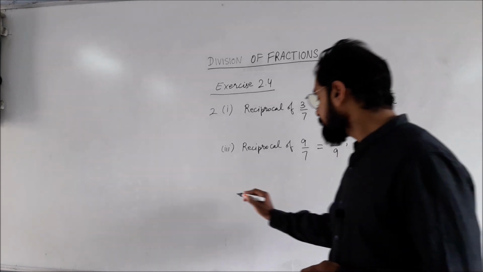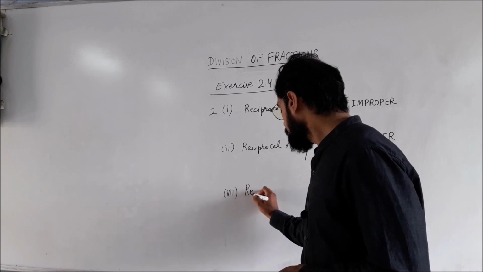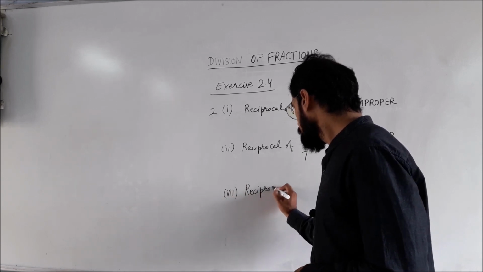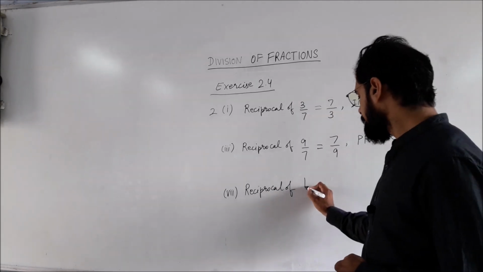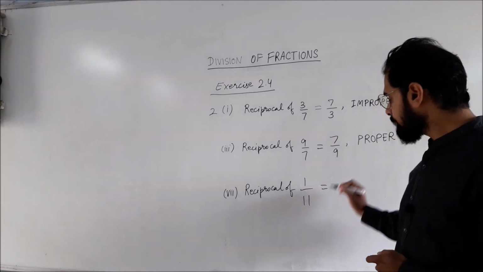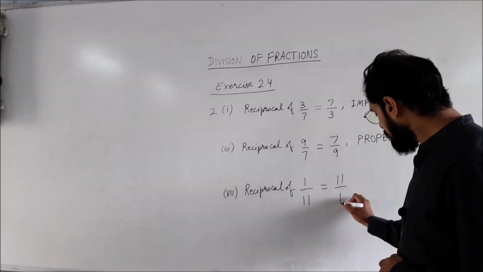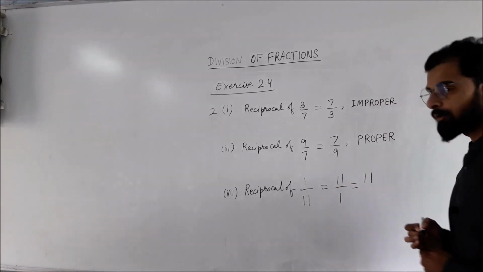Seventh part of the same question, we are finding the reciprocal of 1 over 11. The reciprocal of 1 over 11 becomes 11 over 1, which should be written in its standard form as 11 only.